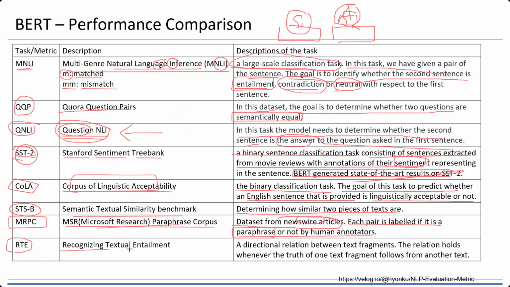RTE means recognizing textual entailment. It means we have a directional relation between text fragments. The relation holds whenever the truth of one text fragment follows from another text. The idea is similar to MNLI.